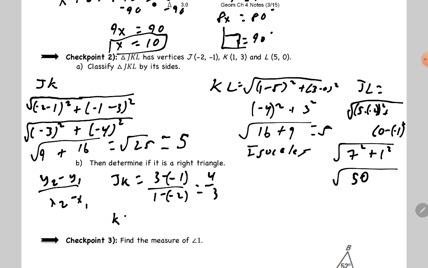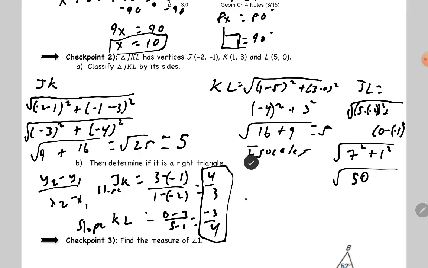Slope of KL is 0 minus 3 over 5 minus 1, which is negative 3 over 4. Yes, we do have a right triangle, because JK is perpendicular to KL. So triangle JKL is a right triangle.